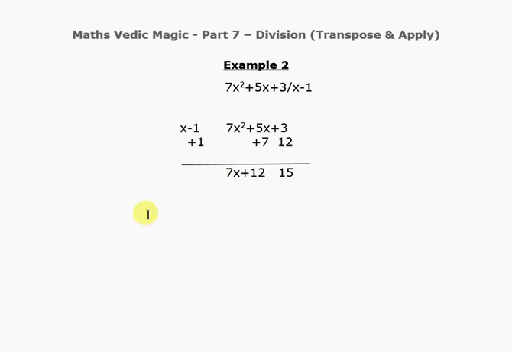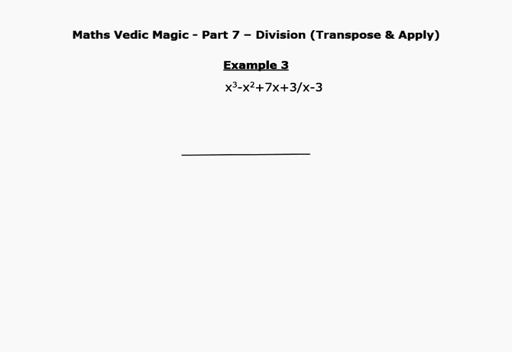Let's look at another example. Here the highest power of the dividend, if you have noticed, is increasing. So we write down the divisor, then write down the numbers with the change sign, then you start multiplying.